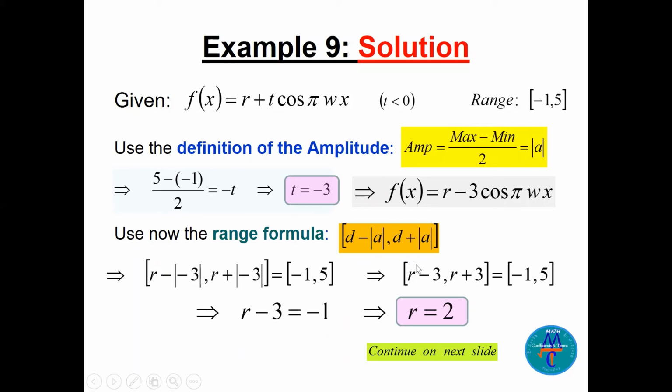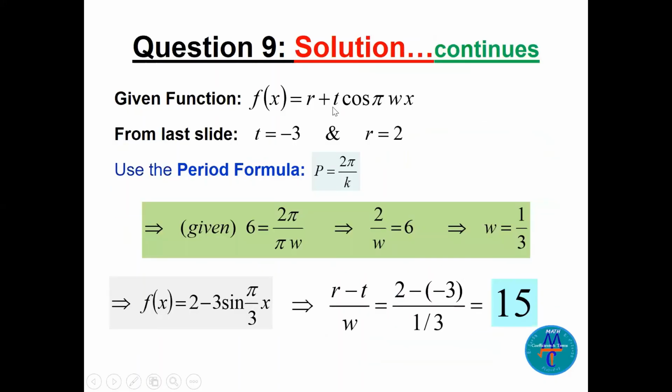So either you can take r minus 3 is equal to minus 1, or you take r plus 3 is equal to 5. In both cases, r will be 2. So now we have found t, we have found r. What's left is the w. And then on the next slide, this is t is minus 3, and r is 2.